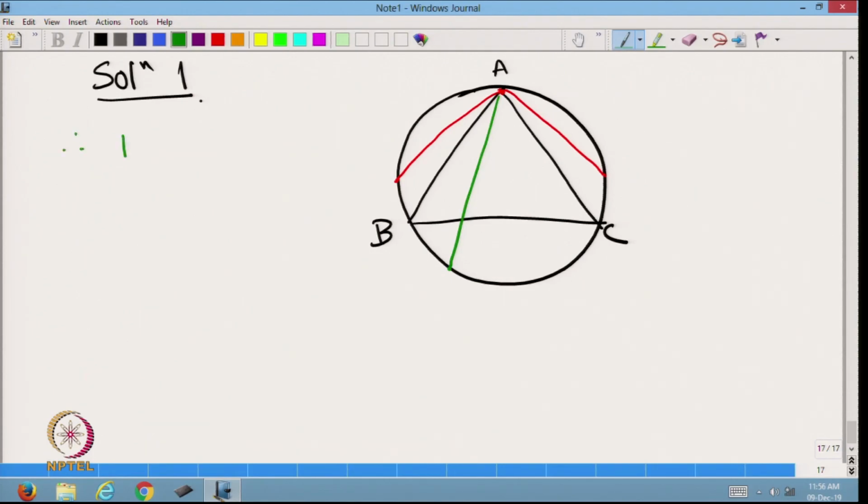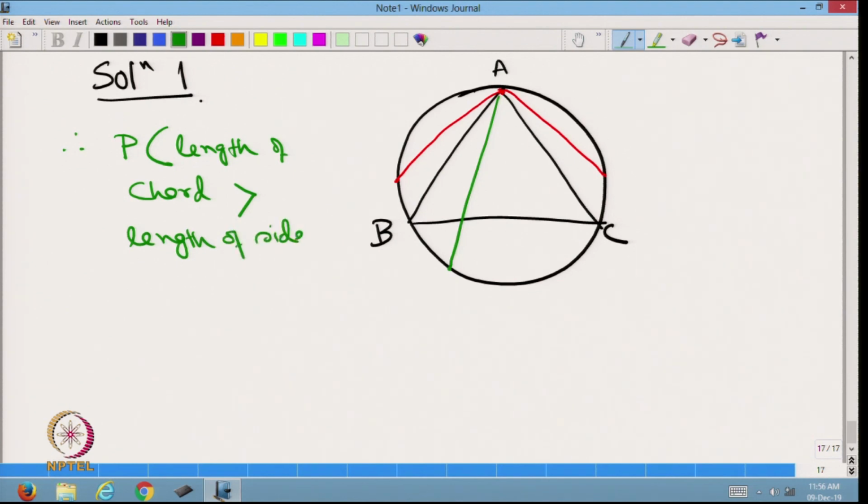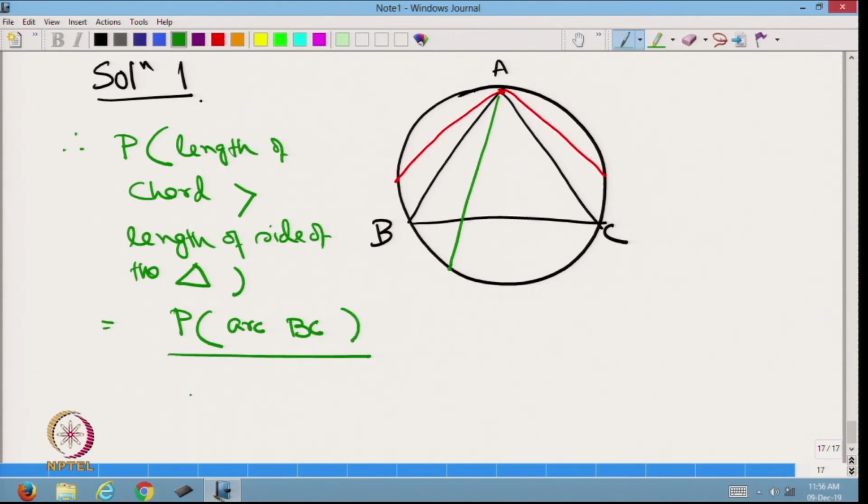Therefore, probability that the length of the chord is greater than the length of the side of the triangle is equal to the measure of the arc BC over the measure of the circumference of the circle.